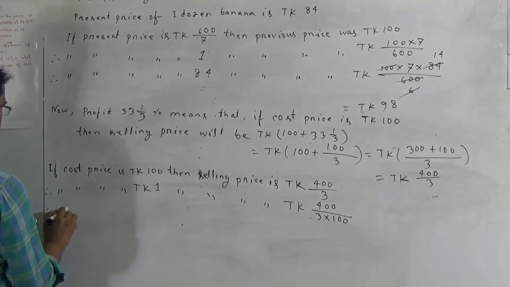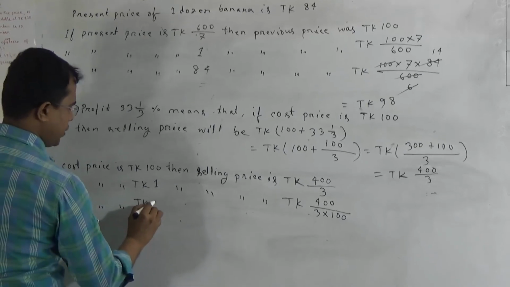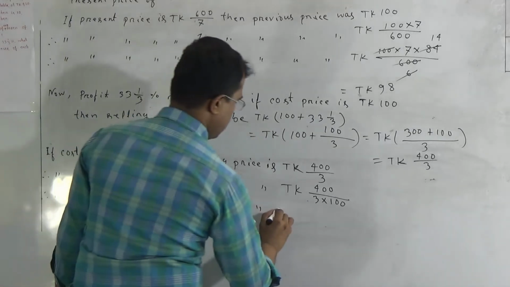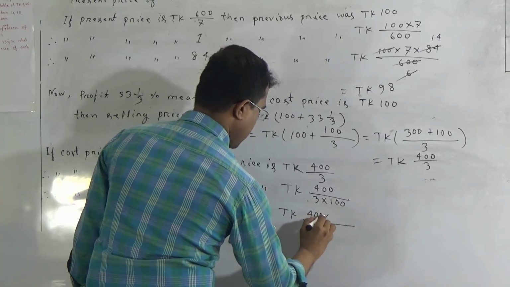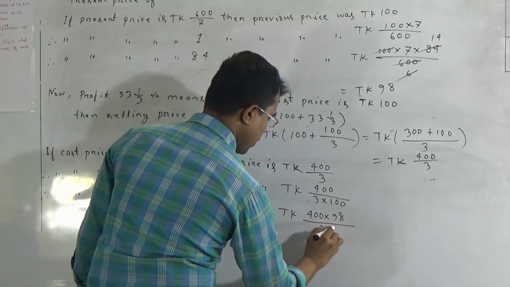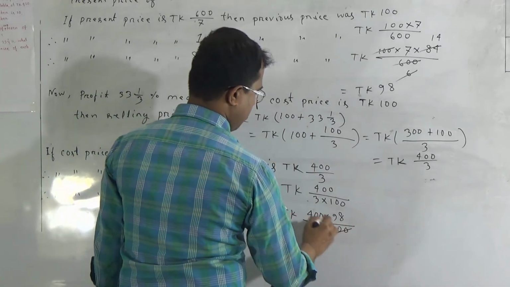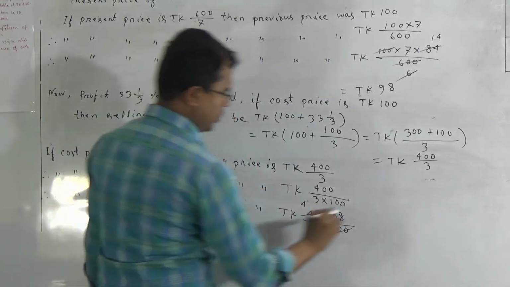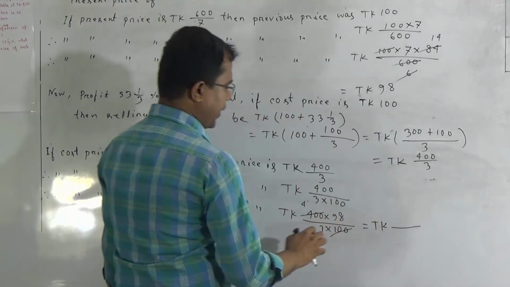If cost price is TK 98, then selling price is TK 400 multiplication 98 by 3 multiplication 100. Here we can cut this 400 by 100, then it will be 4. This is equal to TK. Here 4 8s are 32.